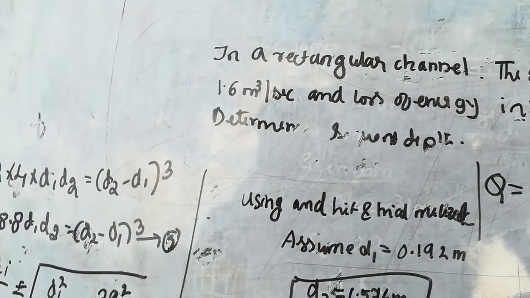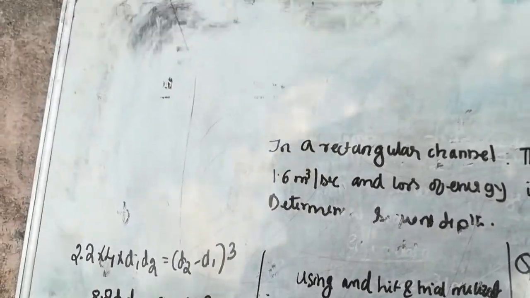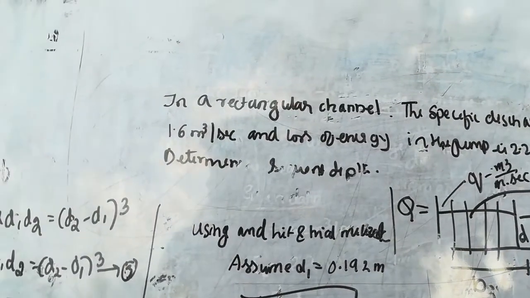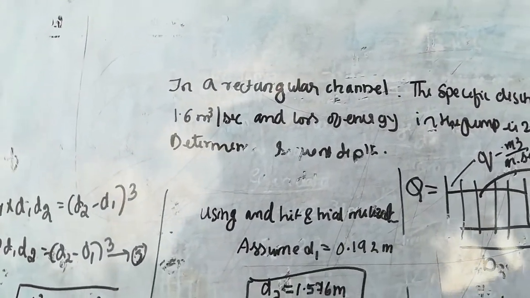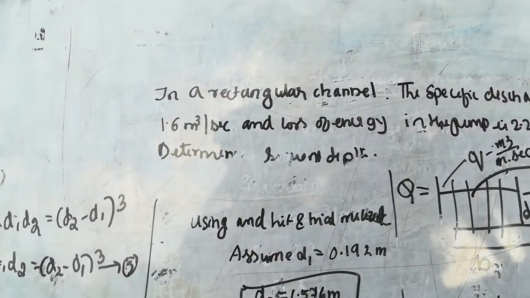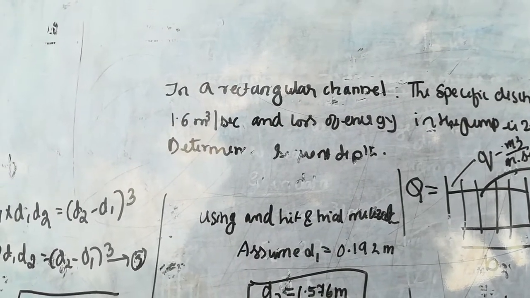The hydraulic jump, as we explained before, is created when the water is stored on the upstream side and falls down on the downstream side.